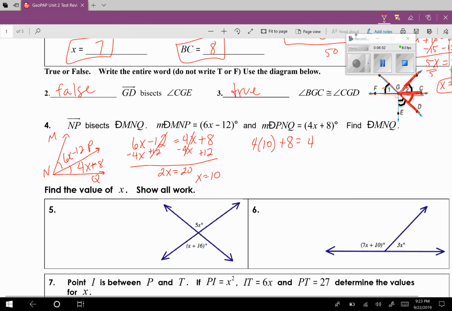So I get 48. So 48 is half of the angle. So the measure of angle MNQ is 2 times 48, which is 96 degrees. So that's the measure of angle MNQ.